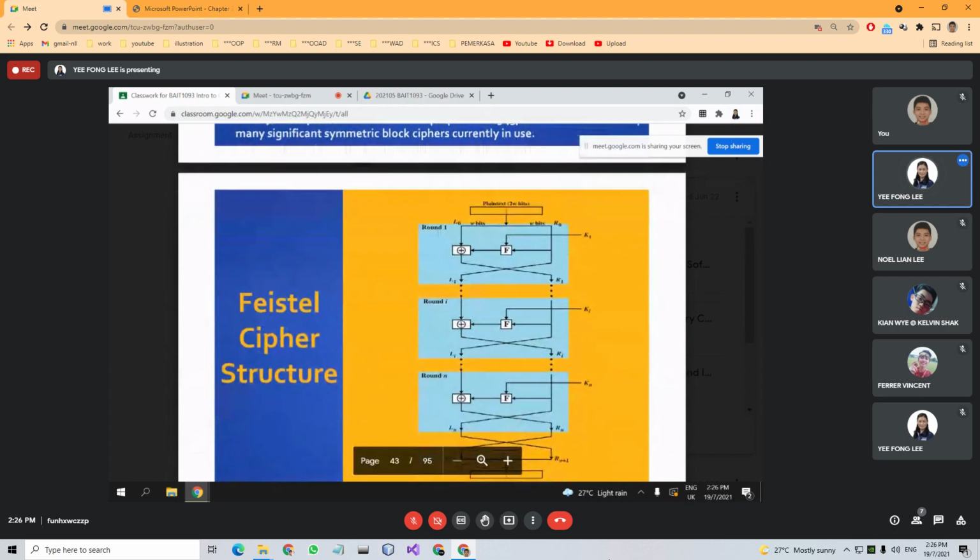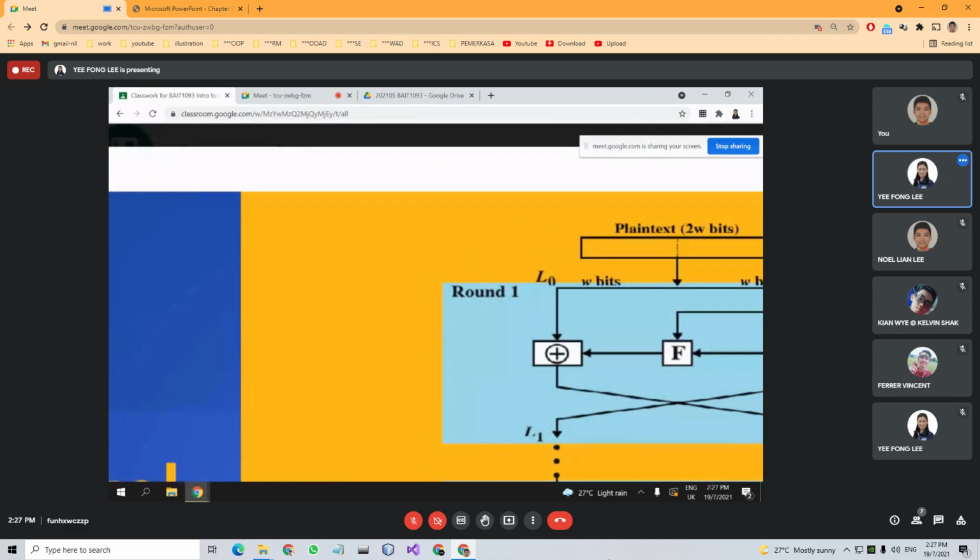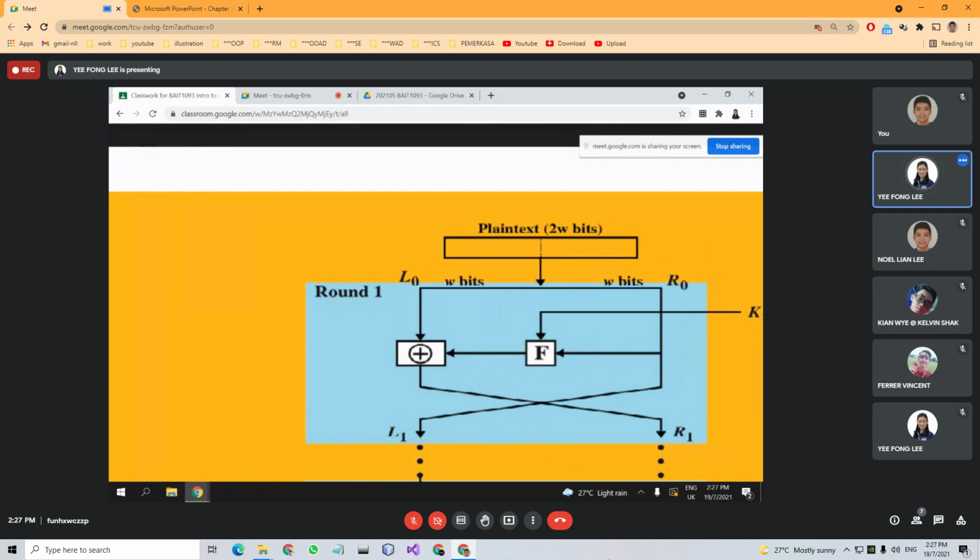The diagram here shows the input of the encryption algorithm.